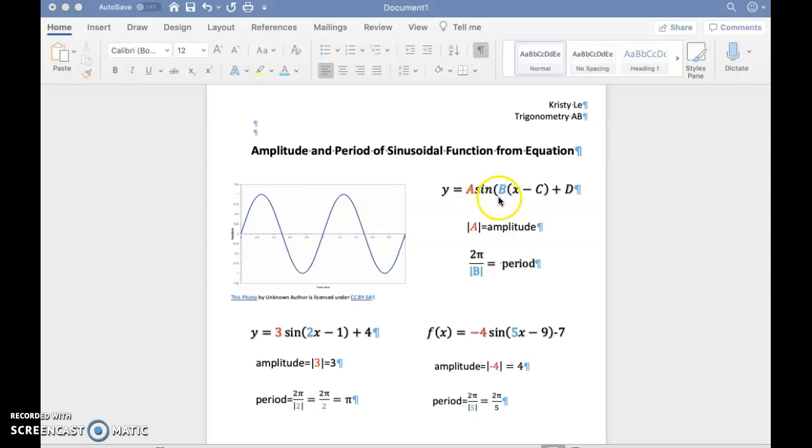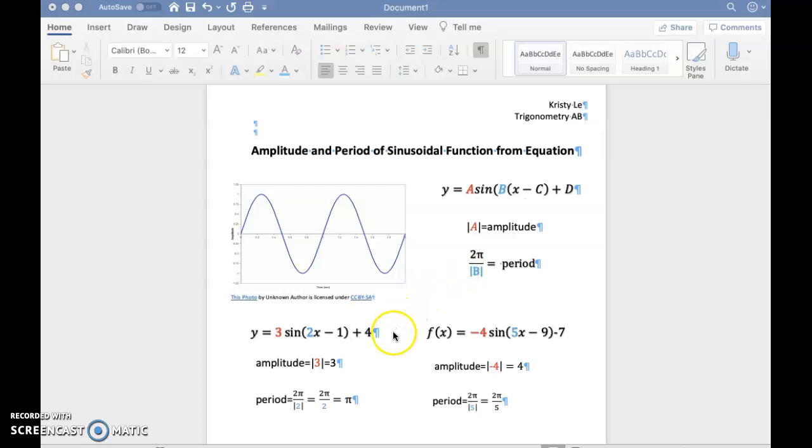Like if B was 3, then it's 2 pi over the absolute value of 3, meaning it takes 3 times faster to finish one cycle in that equation. So that's it for the period.